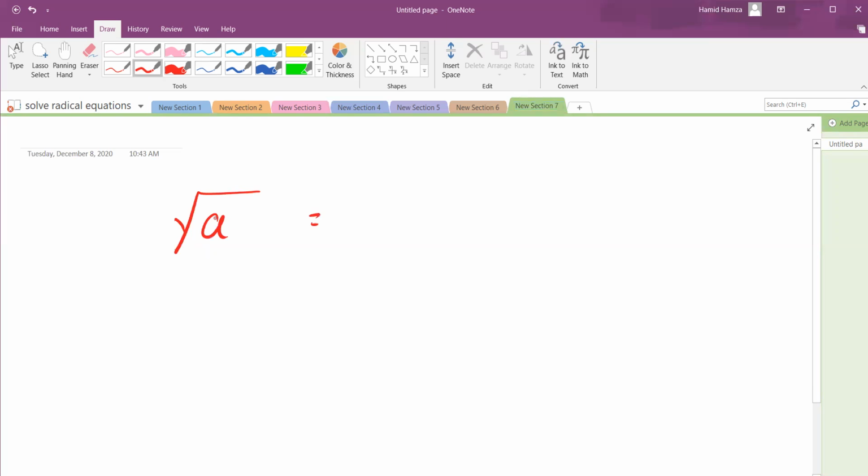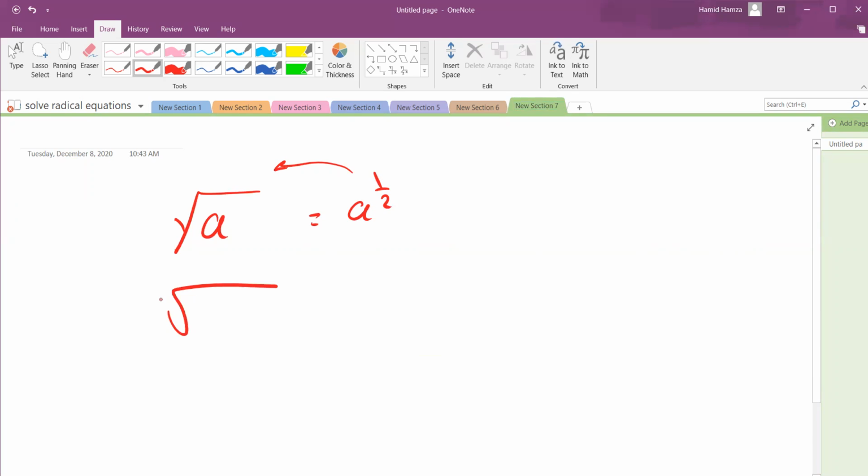So if you want to change from root notation to exponential notation, we divide the power of the expression inside the root by the index of the root. So this one will be a raised to power half. Any expression raised to power half means square root.